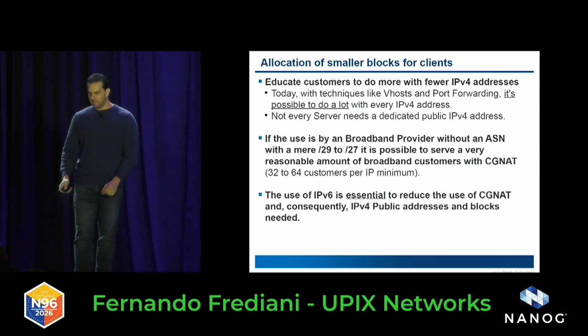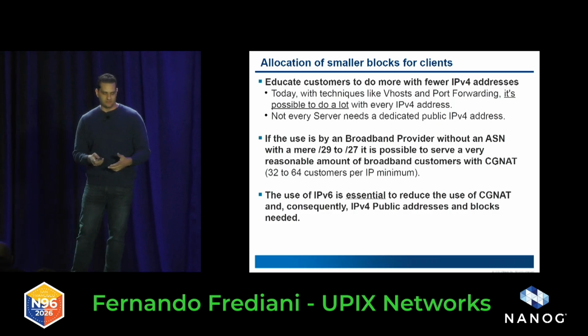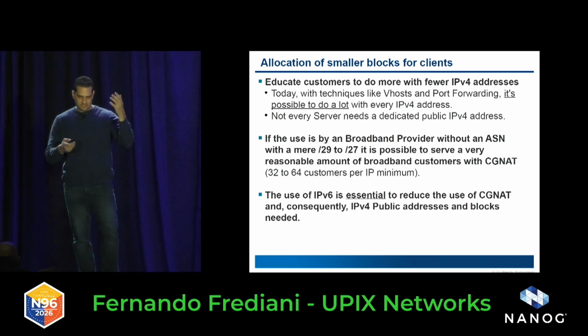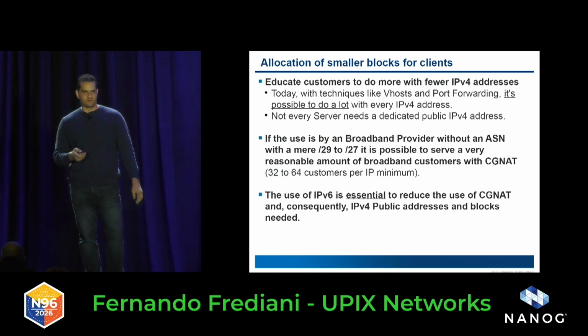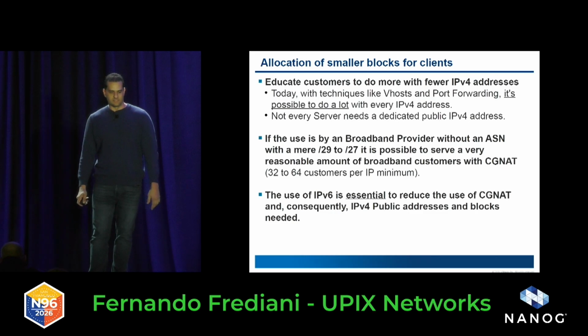And if you are a broadband provider, like a smaller broadband provider, and you're not even an autonomous system, if you get a /29 or /27 from your upstream, you can still do a lot with that, with a well-designed CGNAT, especially for broadband providers. Then you can get some revenue and transfer some block at a later moment.